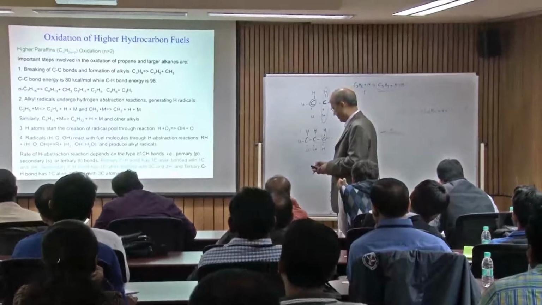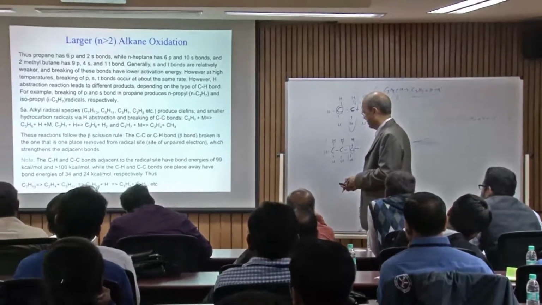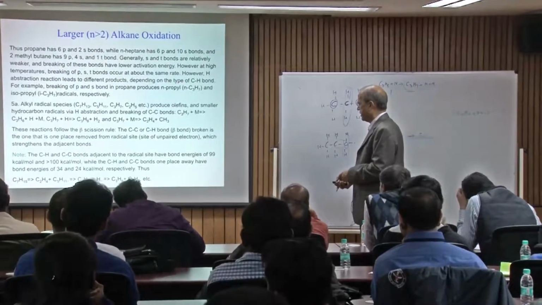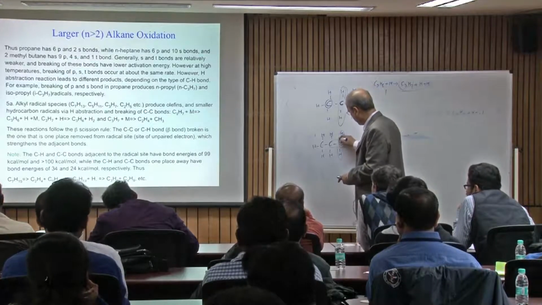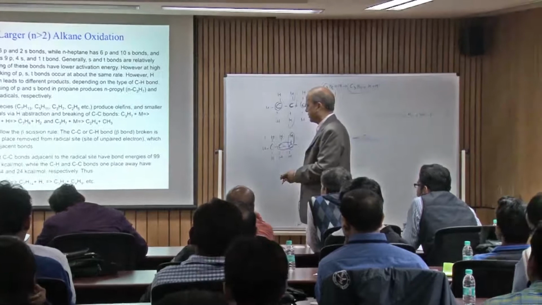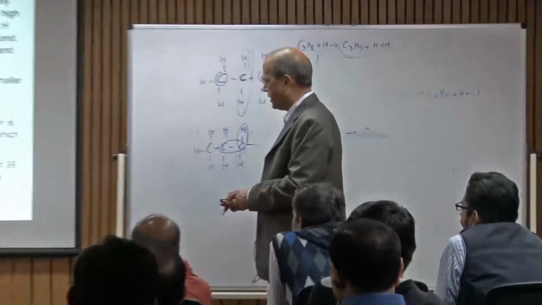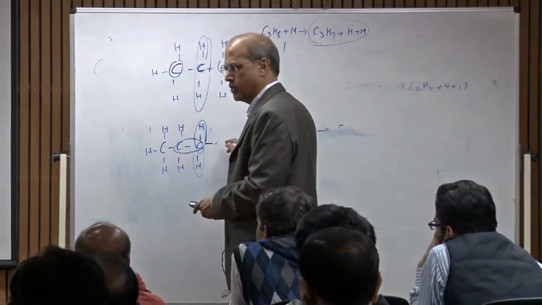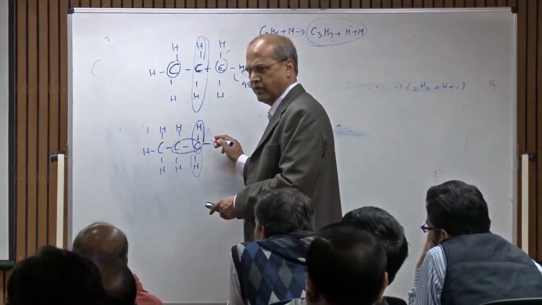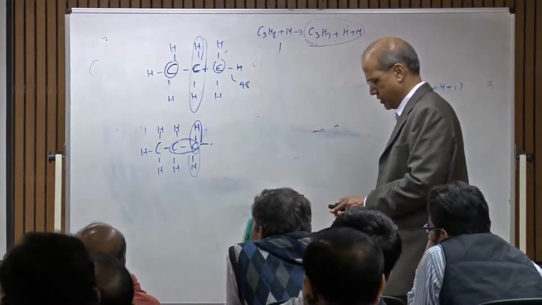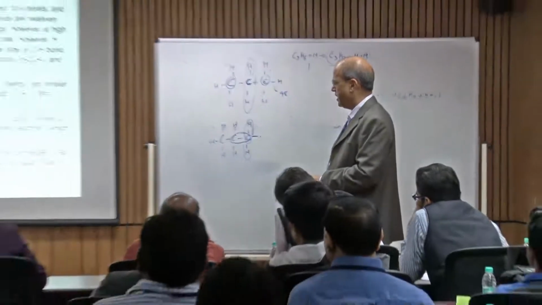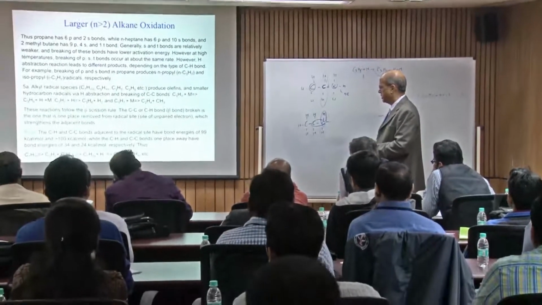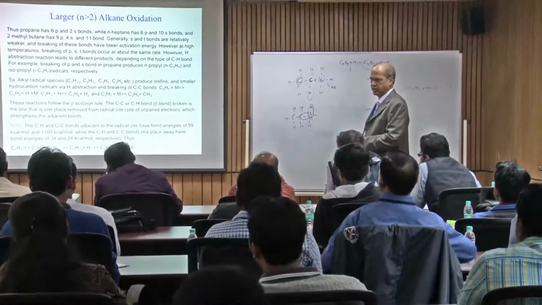No, we are in the wrong slide. Next one. The CH bond and the CC bond next to the radical site, that's the radical site where H has been removed, have bond energy 99 kilocalorie per mole, so about 100 kilocalorie per mole.